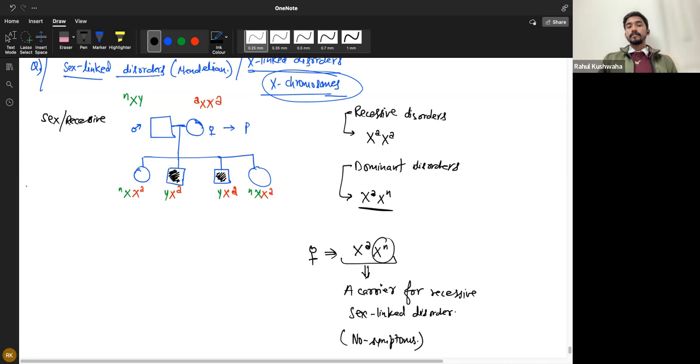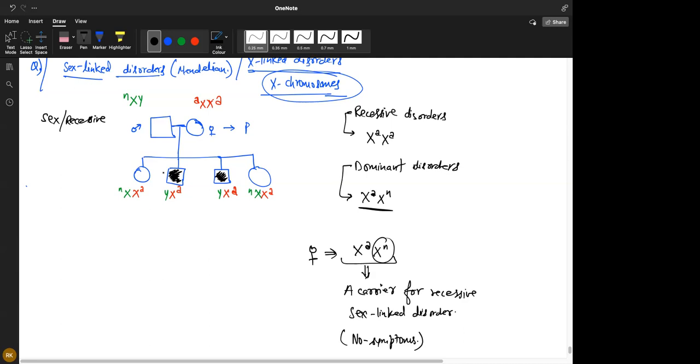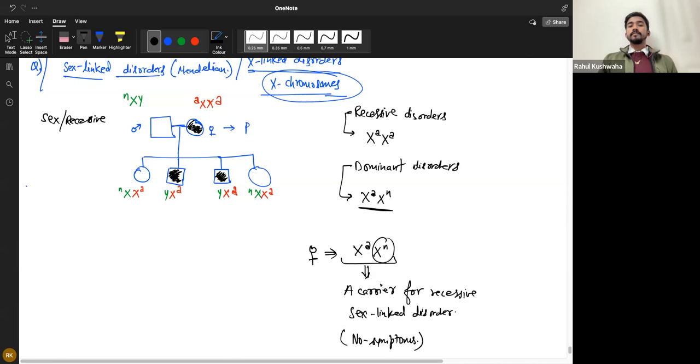And the mother. Yes. So this will be the case for sex-linked recessive.